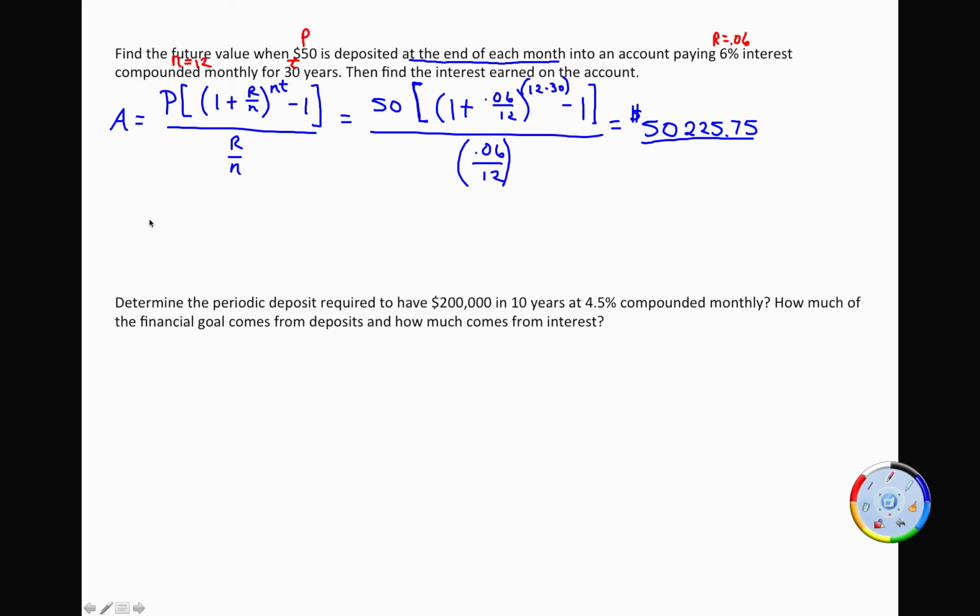I put $50 in the account every month, so 50 times 12, for 30 years. That's the amount of money I actually put into the account myself. So if I put that on the calculator, 50 times 12 times 30, that's $18,000. All the rest of that, above the $18,000, is interest.